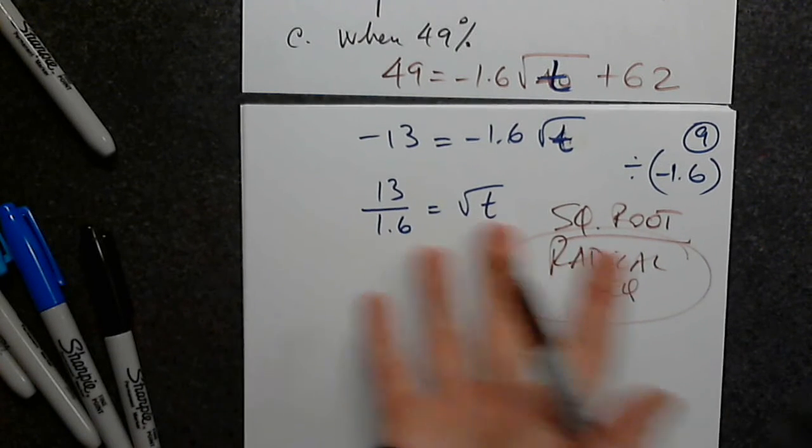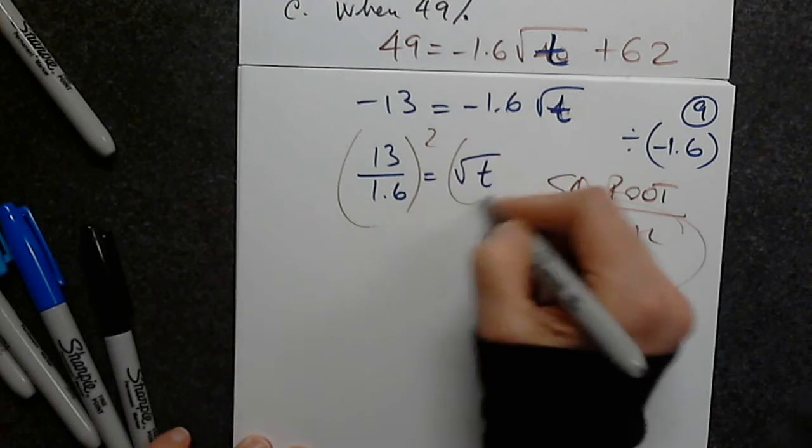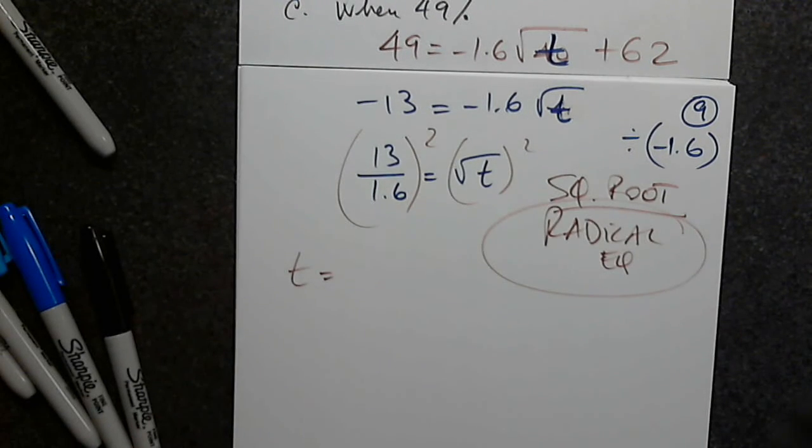Good. So now I know what to do. What am I going to do? Of course. So then t equals, and I square, so I square in parentheses 13 divided by 1.6.